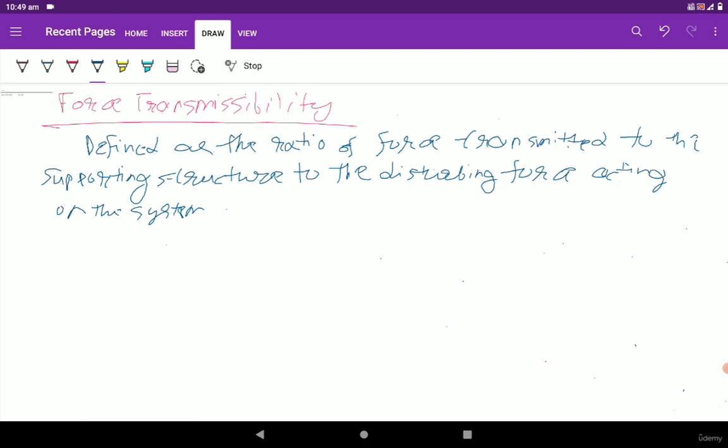So we can say that it is the ratio of amplitude of forces.